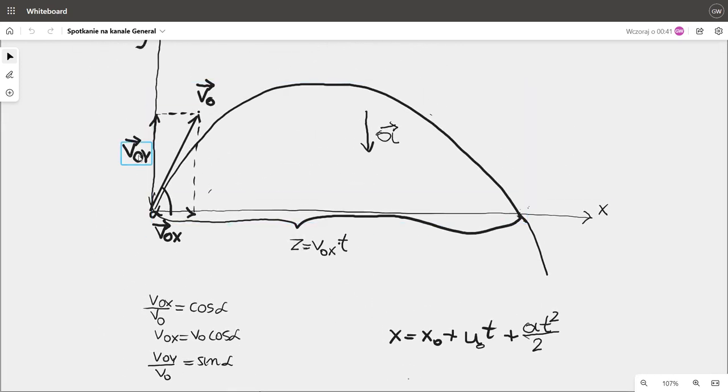Here there is v0y and here is v0x, components of the vector v0. These components are directed the same as axis x and y, so their coordinates are positive.